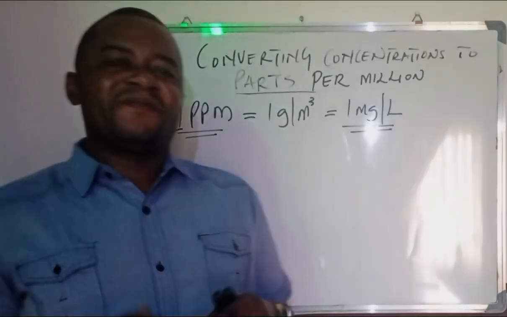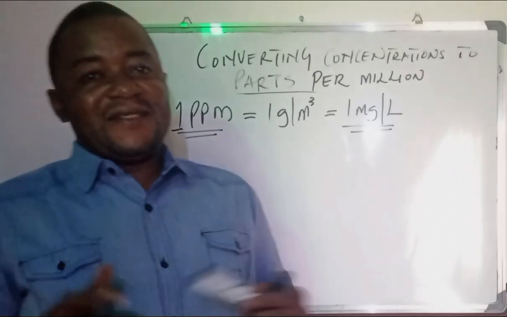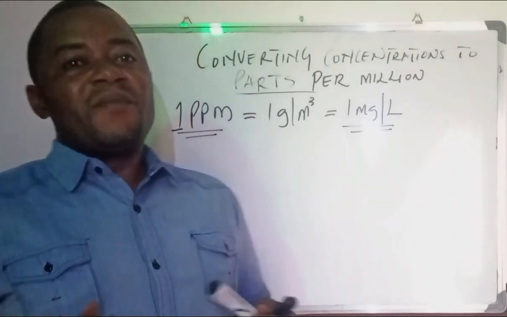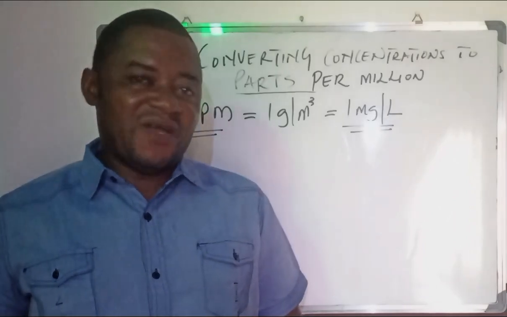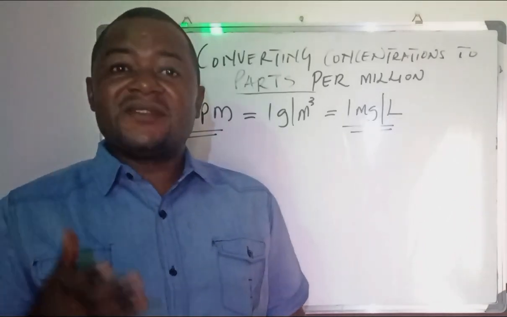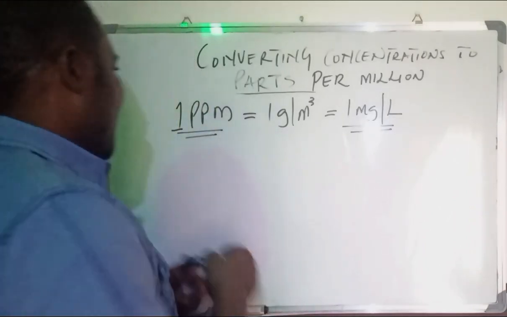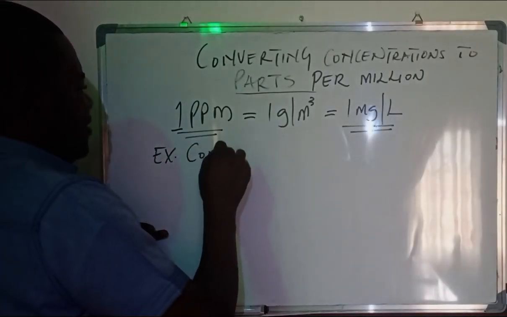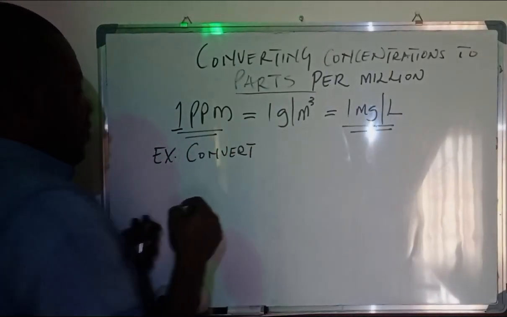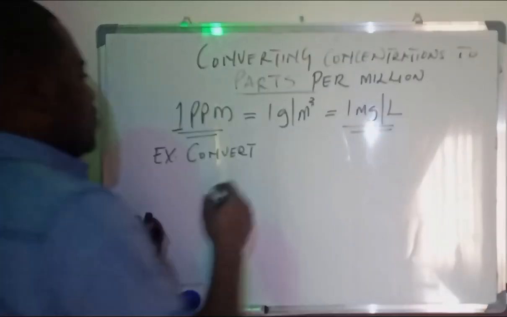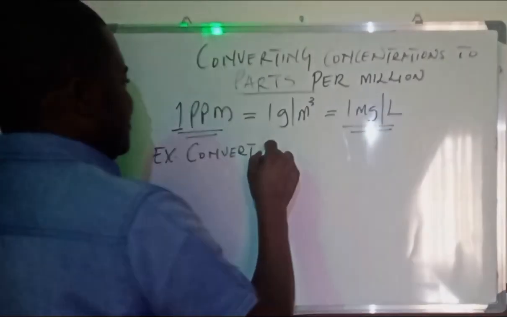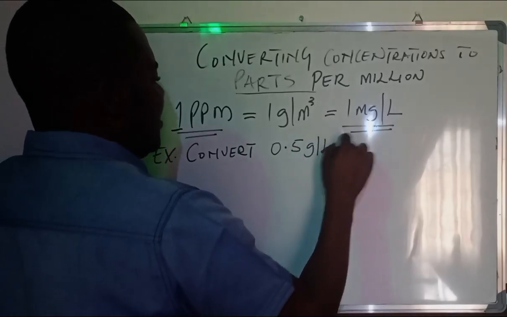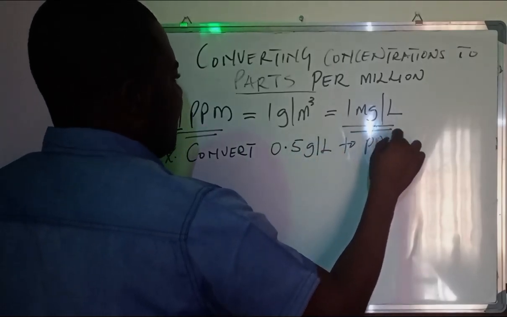Now we are going to take an example to see how we can do some conversions, from either weight by weight or weight by volume concentrations to parts per million. Take for example, we were given a question, or we were carrying out a laboratory analysis, and we were expected to convert a value of 0.5 gram per liter to parts per million.